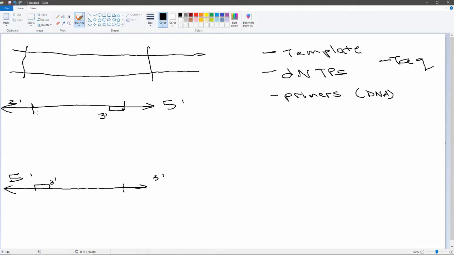Because if it attached here, for example, this end would be 5', and DNA polymerase would not be able to use this primer to build the rest of the target sequence that we want, right? It wouldn't go this way. It's important that the primer binds to this side of our target sequence so that polymerase can extend and recreate the target sequence in the correct direction. So this is what happens, okay?